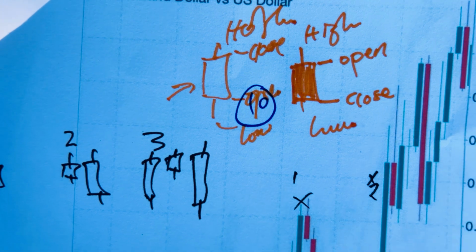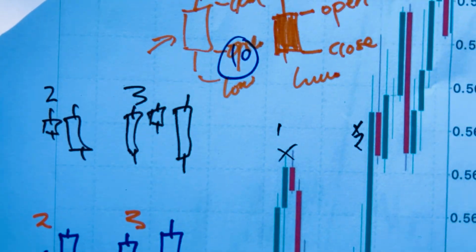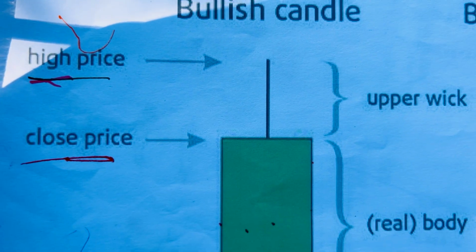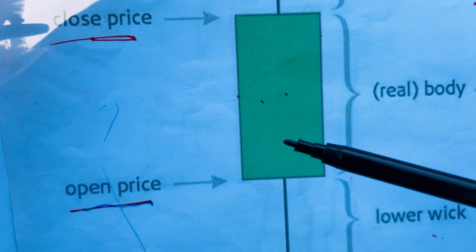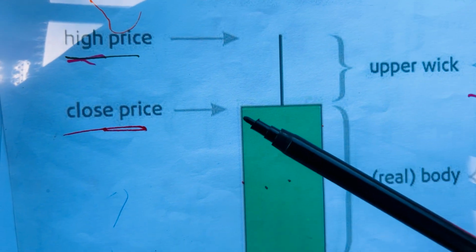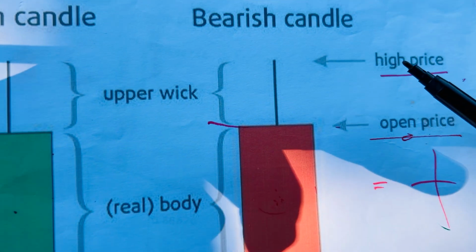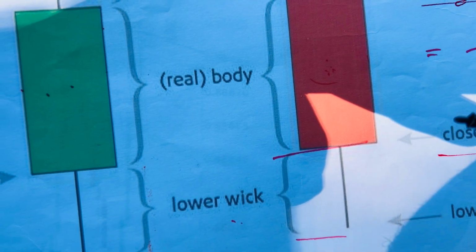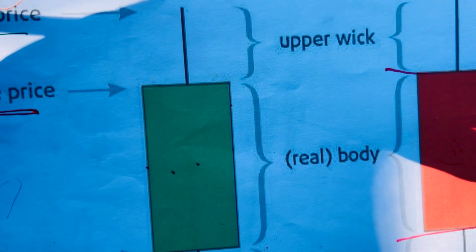Maybe I can use a referencing point for a better understanding. This is a candlestick for buy, which is green. You can see the open price is below, close price above, high price, lower price, and the one for sell has high price, open price, and lower price. This is a referencing point to make you understand much better.